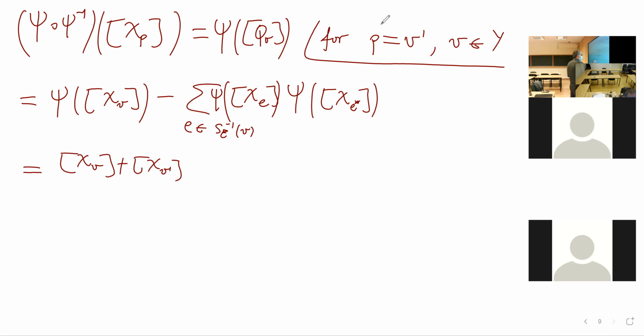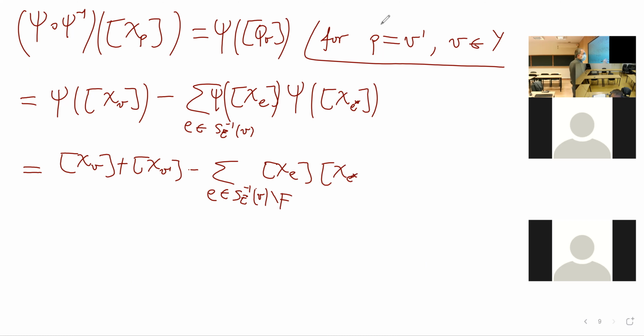So I write minus sum, and now I'll have E running the preimage of V under SE, but with F taken out. And then I am applying this formula for psi, where E is an edge which is not in F. Then remember that this psi does nothing to it. So I can just write chi E.